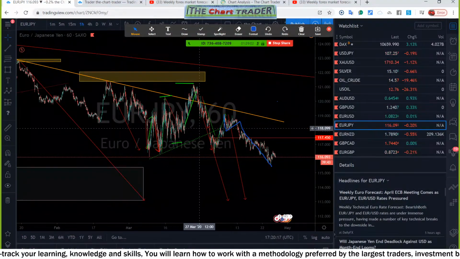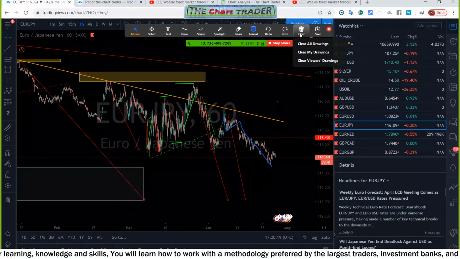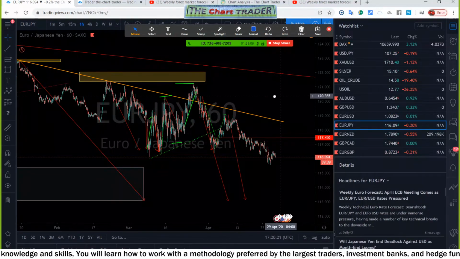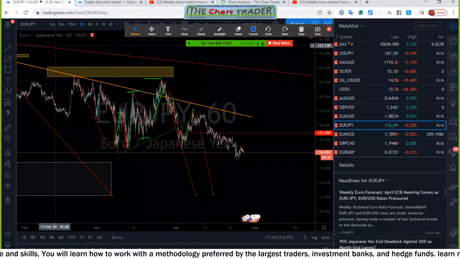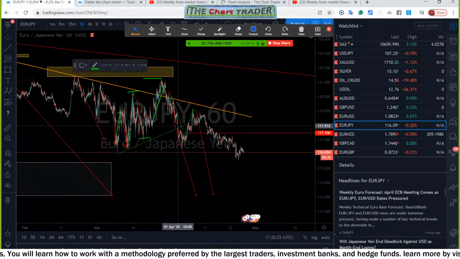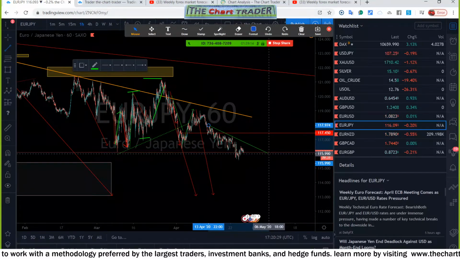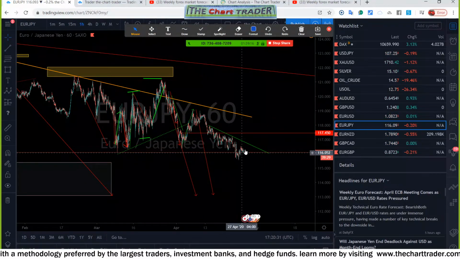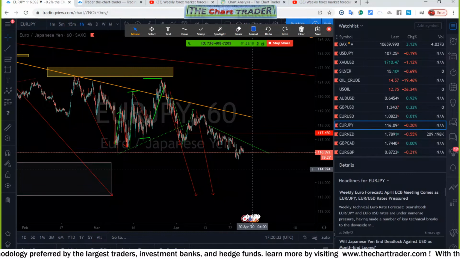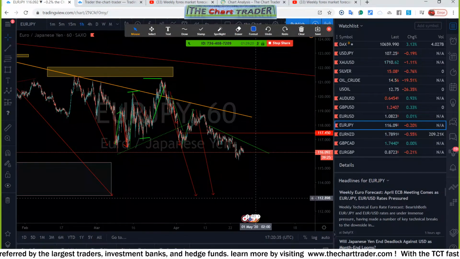So what's on this pair now, guys? Let's just clear everything and see. We still see them coming to the downside. Okay, we are actually trending now, and for myself, every time they reach this trend line, I'm selling. Okay, until it reaches here.